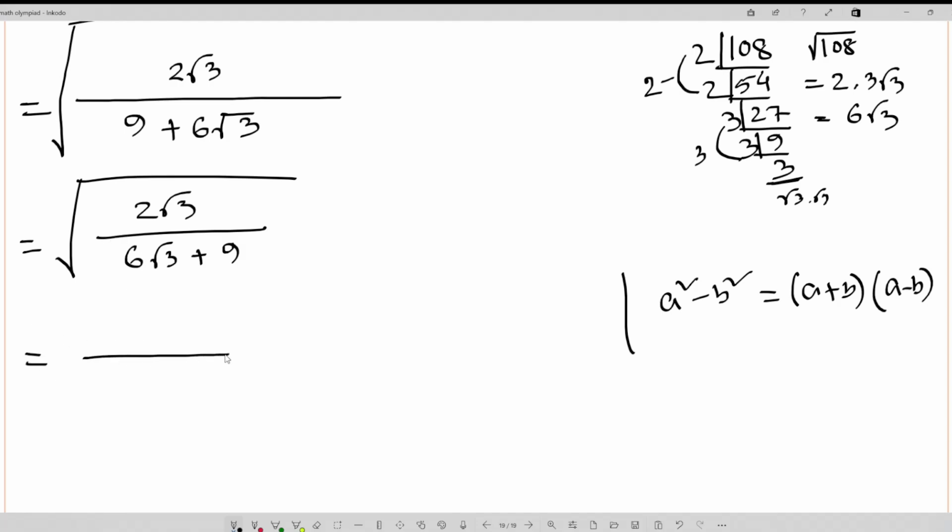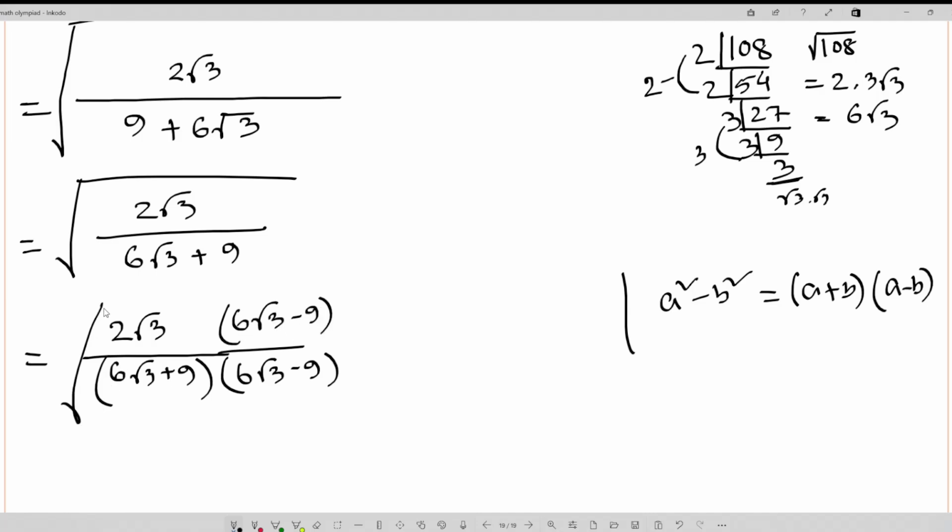Look, now we can write 2 root 3, and here is 6 root 3 plus 9 and again 6 root 3 minus 9. In numerator we also have 6 root 3 minus 9 root over. So in denominator and numerator we will multiply by 6 root 3 minus 9.